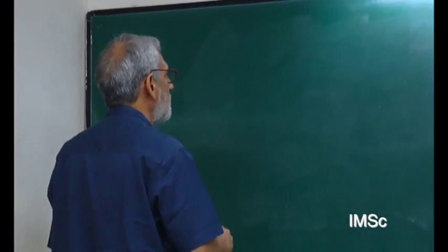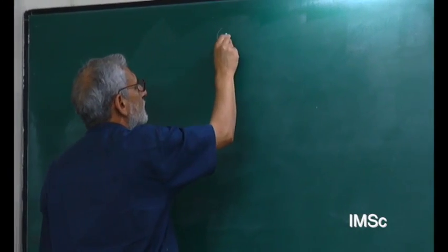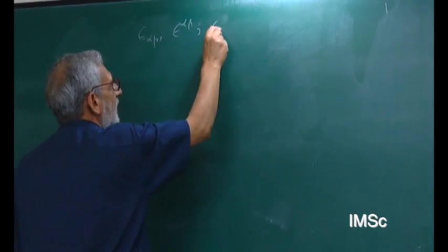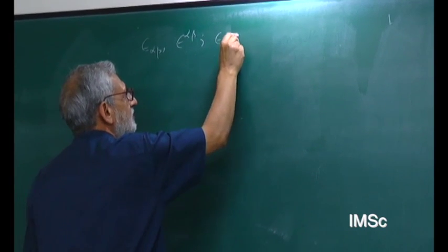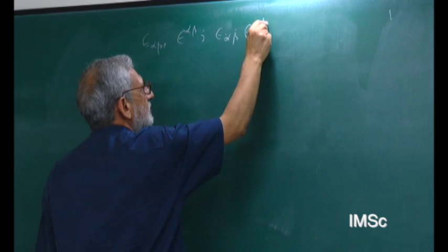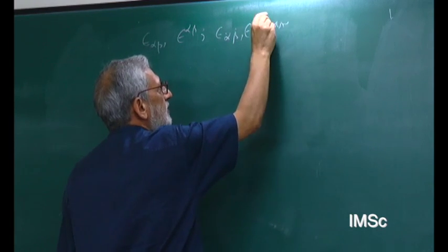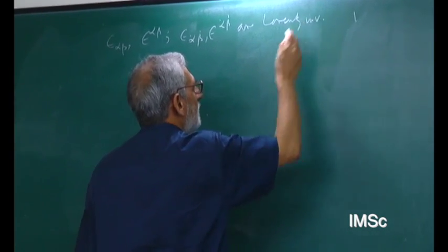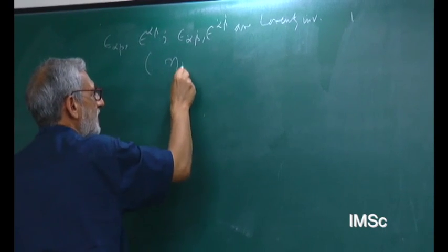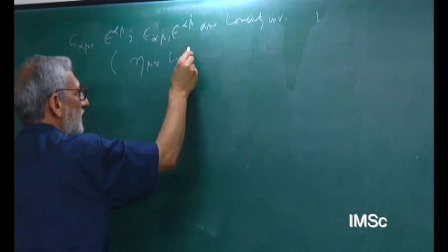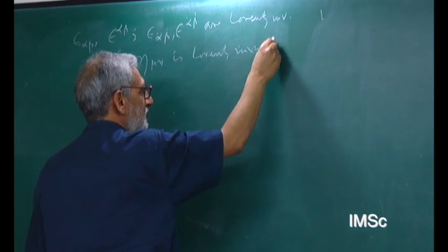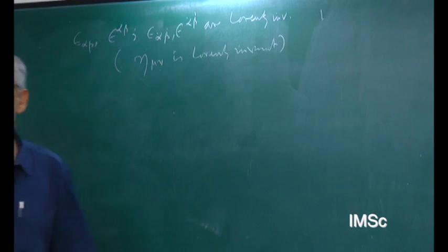So these objects, and the inverse epsilon alpha beta and the dotted ones, are Lorentz invariant in the same fashion as eta mu nu is Lorentz invariant. They do not change under Lorentz transformations.